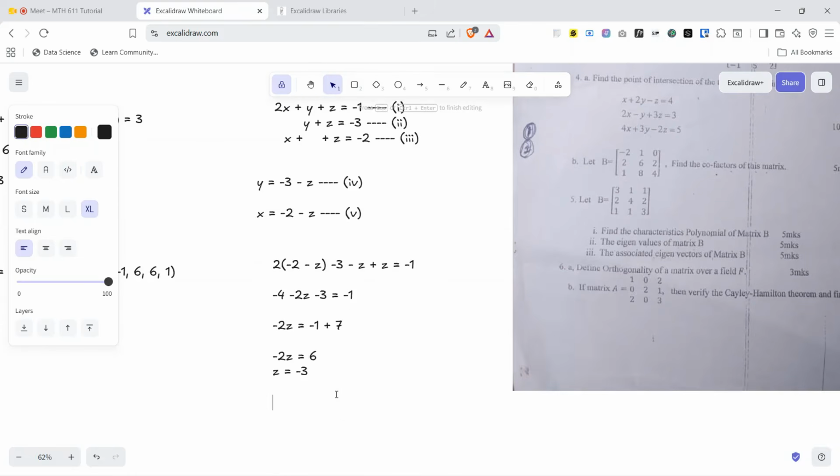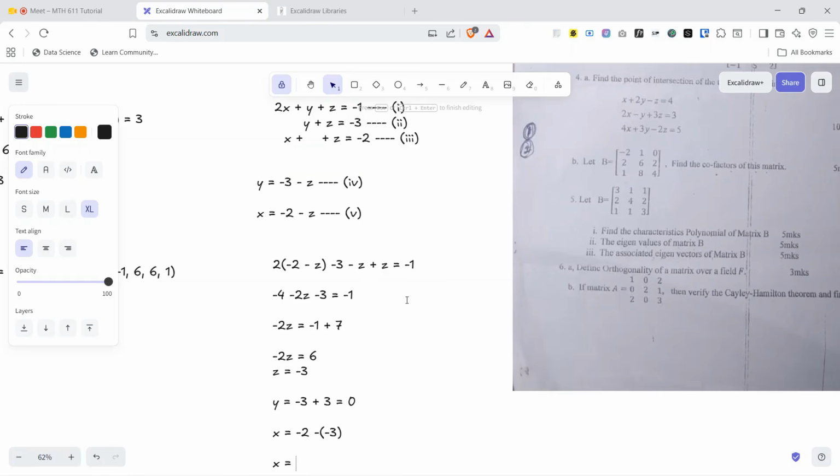Now we can plug z into both y and x, into our equation 4 and equation 5. Plugging it into equation 4, we have y equals to minus 3 minus z, that is minus into minus 3, that will be plus 3, which will give us 0. It means our y is 0. For x equals to minus 2 minus z, that is minus 2 minus minus 3.